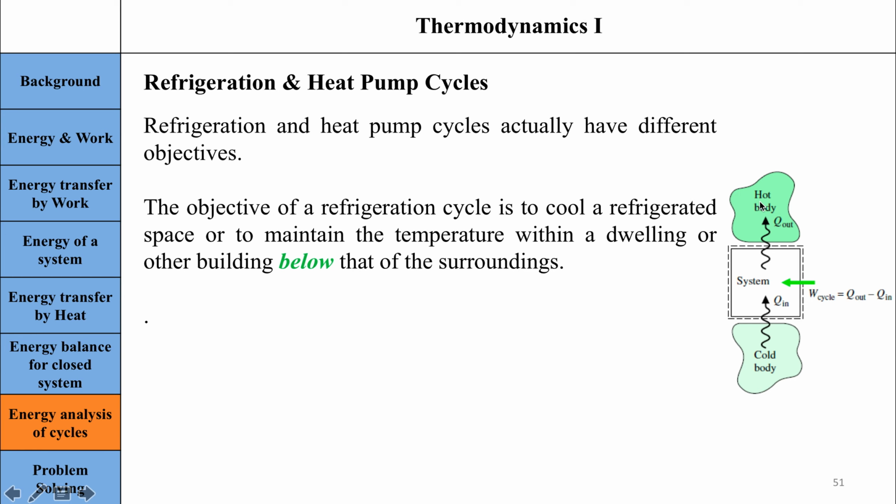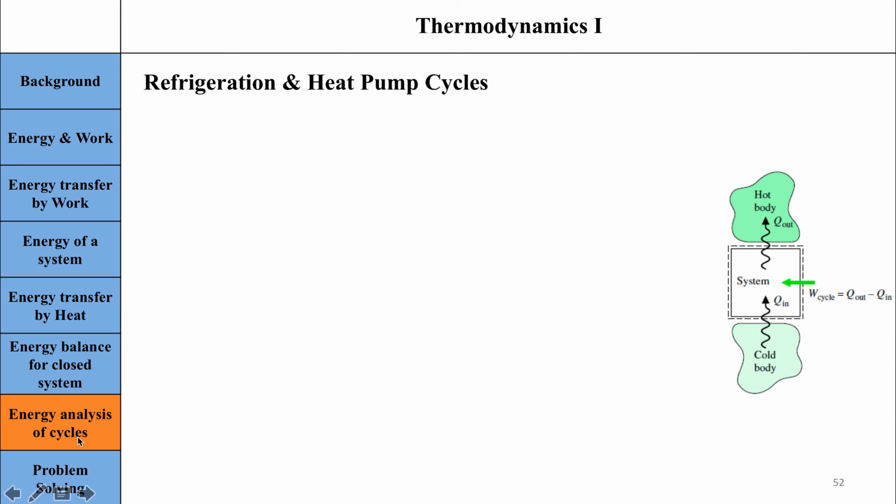Let me explain this again. For the refrigeration cycle, this body is what we were interested in. Let's say this is the room, or let's say this is the refrigerator that we are trying to cool. So it's already cold, but we are trying to make it colder. So we have to transfer energy out of this cold body.